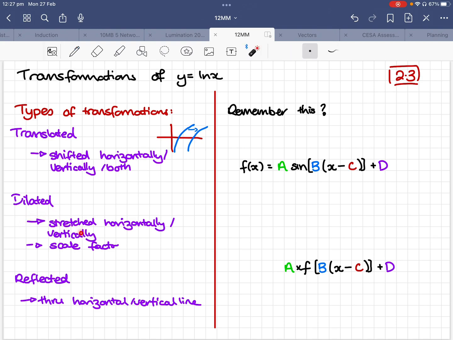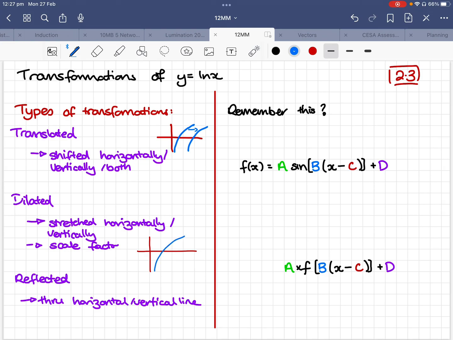For a dilation, this is where we are changing the shape. We're stretching it in some way. We usually talk about stretching it horizontally or vertically, and we stretch it in terms of a scale factor. That scale factor tells us how many times further away from the axis line we are. So for example, we might have a set of axes that looks a little bit like this now. We have a graph.